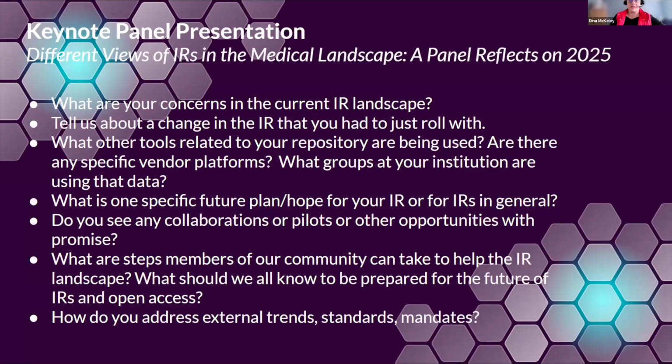Oh, well, when you said what is one plan, it's hard to say what the one plan is, but if I had to say one, it would just be partnering, and partnering in a couple of ways. So one way of partnering is with our vendor, advocating for the features that we want, the kind of access controls that we're looking for.